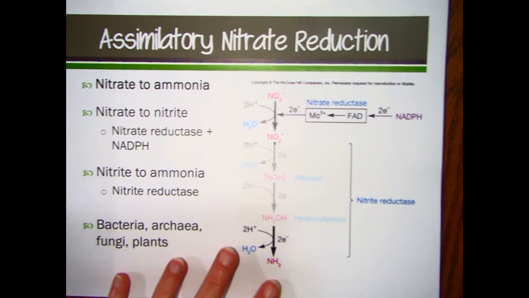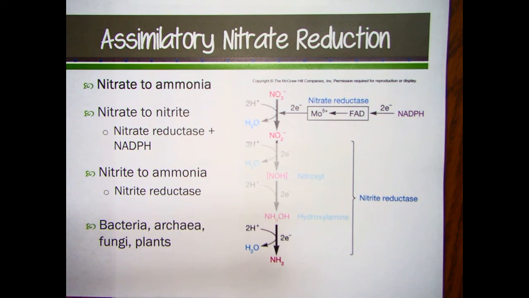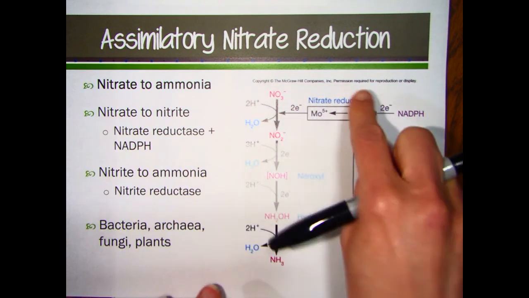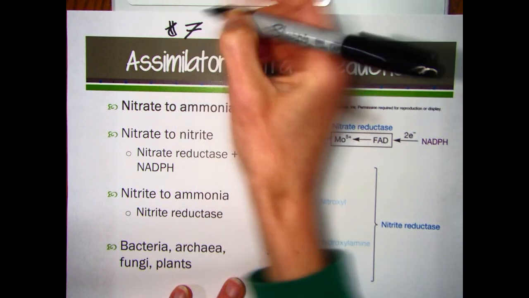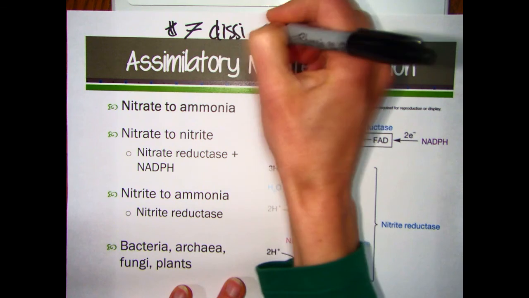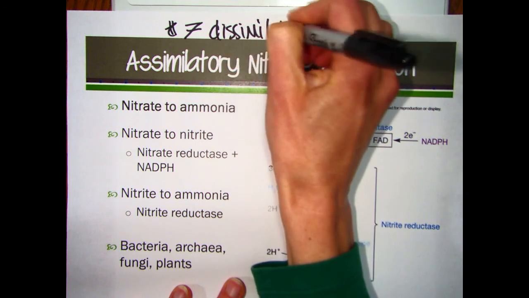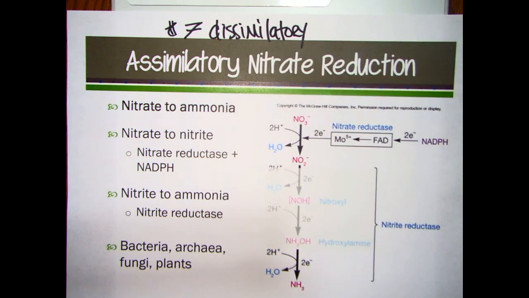So assimilatory nitrate reduction, your book makes a big deal about how this is assimilatory nitrate reduction and not dissimilatory nitrate reduction. All right. So to assimilate something is to bring it in. And so assimilatory nitrate reduction reduces nitrate with an end goal of making ammonia.